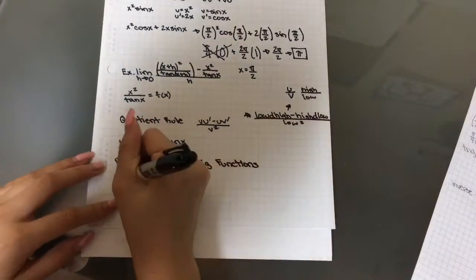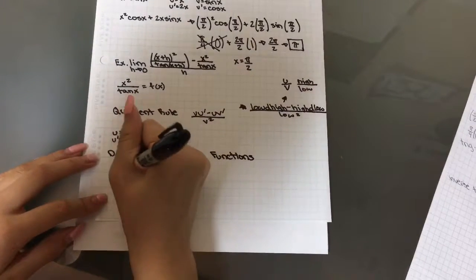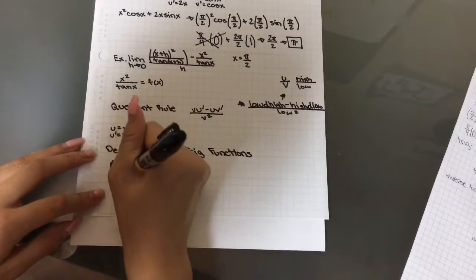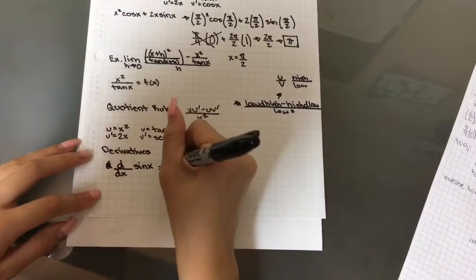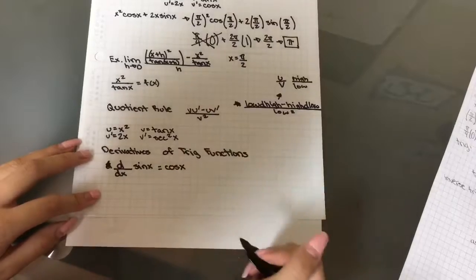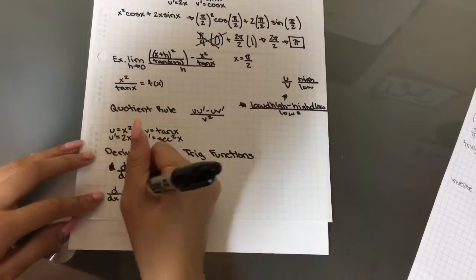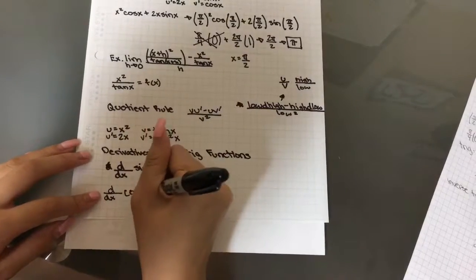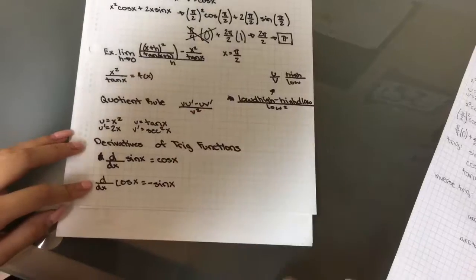The derivative of sine of x is equal to cosine of x, while the derivative of cosine of x is equal to negative sine of x.